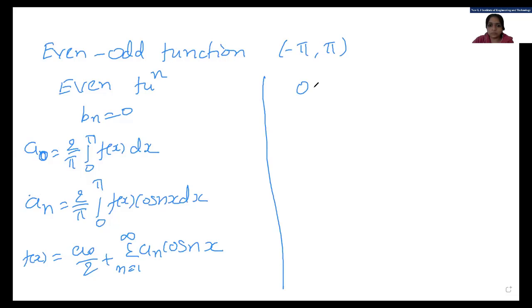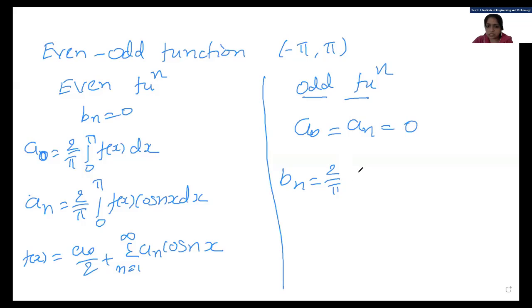Similarly, for the odd function, if our period is minus pi to pi and our given function is an odd function, at that time our first step must be a0 equal to an equal to 0. It means we have to just find bn, and the formula for bn is 2 by pi, integral 0 to pi f of x sine nx dx.